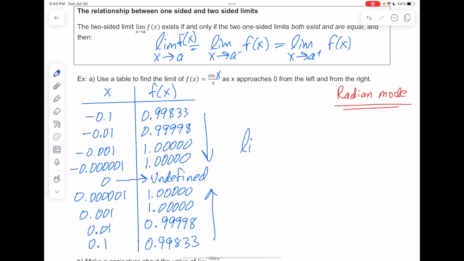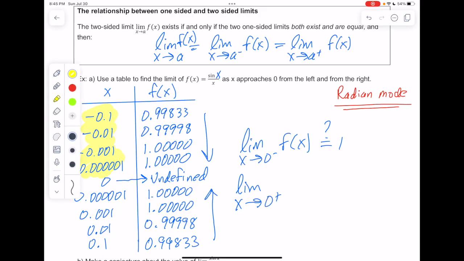So based on our chart, it looks like the limit as x approaches 0 from the left of f of x, which in this case, from the left of 0 means negative numbers, we got a 1. I'll put the question mark because it's from a table, so it's a guess, but it looks pretty solid. And when we come from the right, which was this side, positive values, we also got a 1.